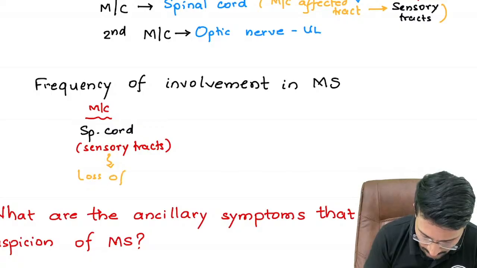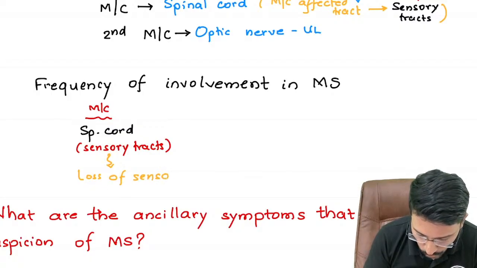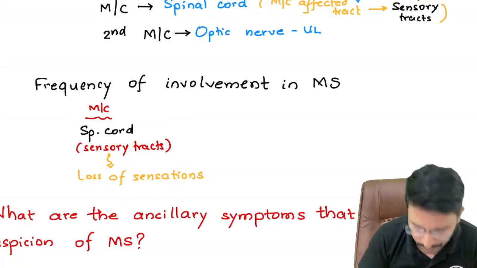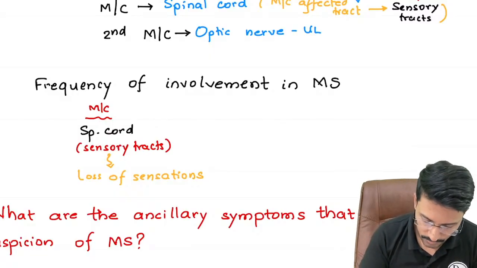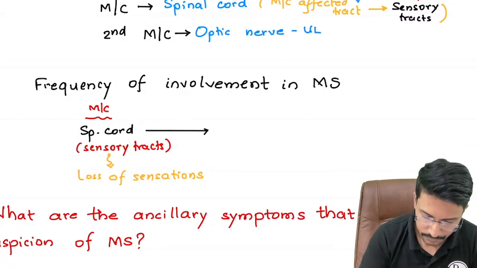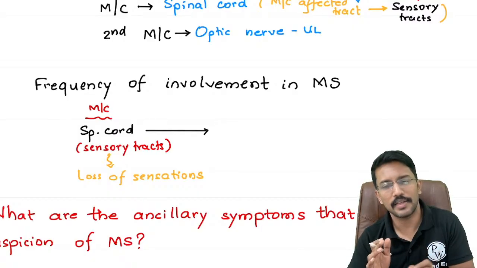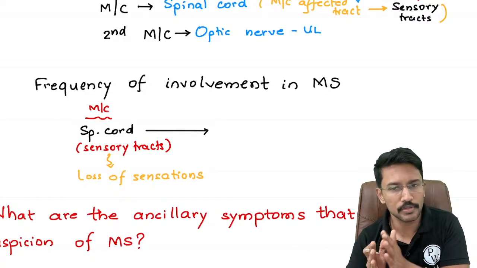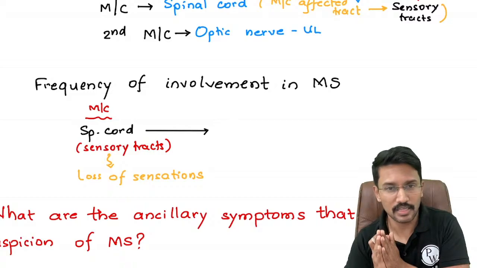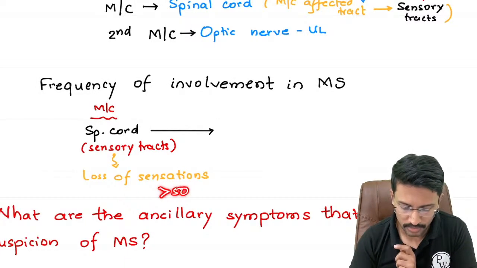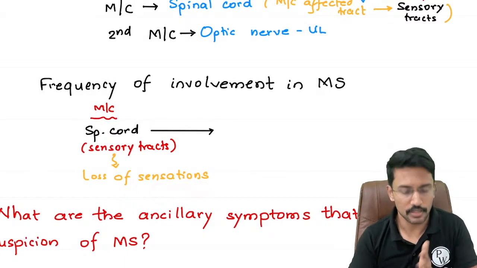Loss of sensations. These are the most common symptoms in a patient with multiple sclerosis. More than half of multiple sclerosis cases will experience at least one episode of sensory tract demyelination. It is seen in more than 50% of cases.